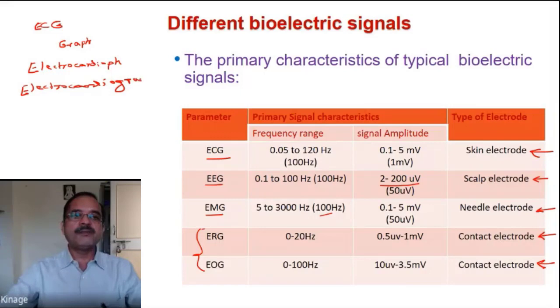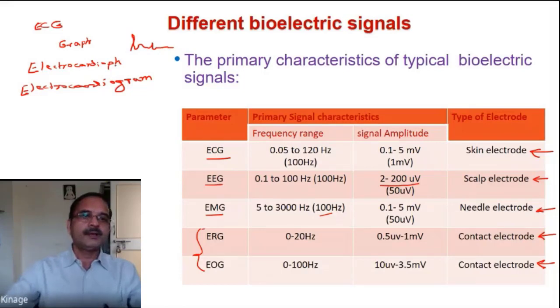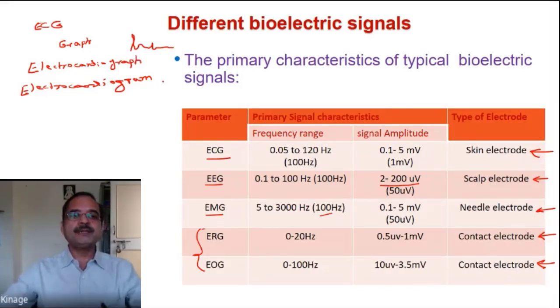When we say graph, that means it is some device or the plotting mechanism. We call it the electrocardiograph. Whereas electrocardiogram, gram means it is the actual signal or the process of doing that.